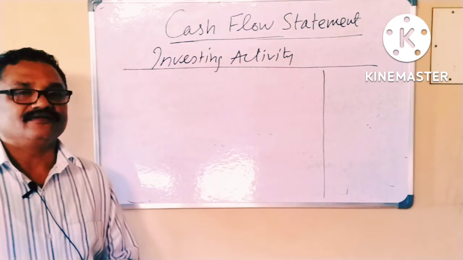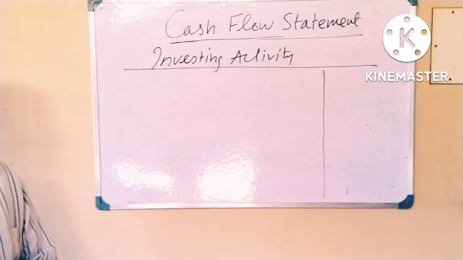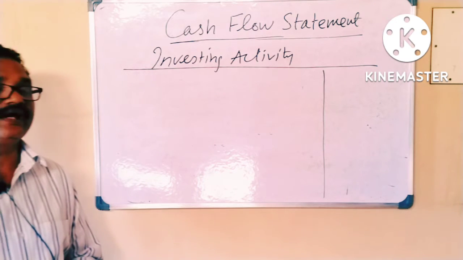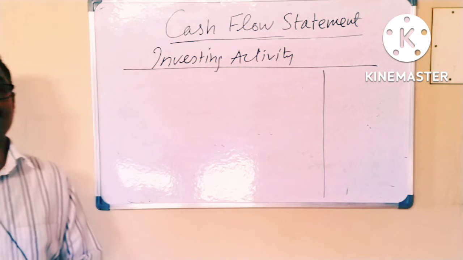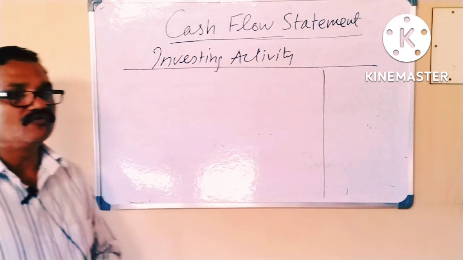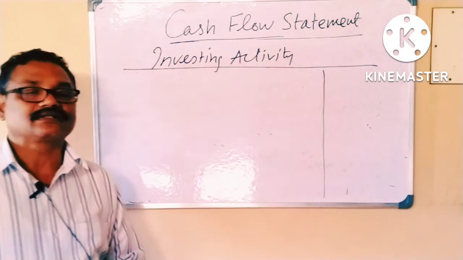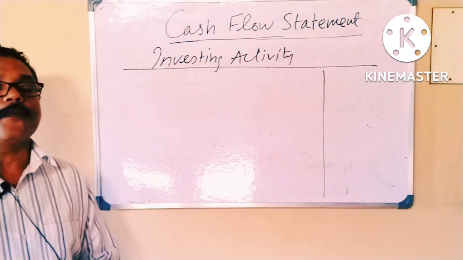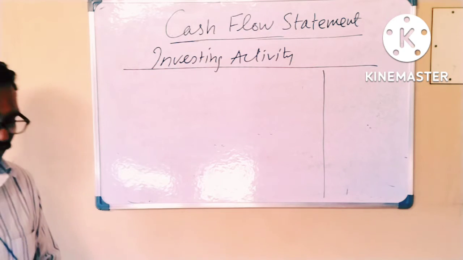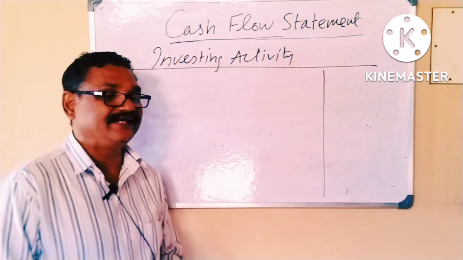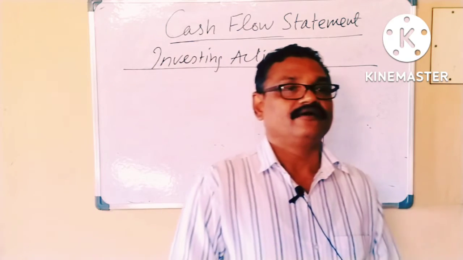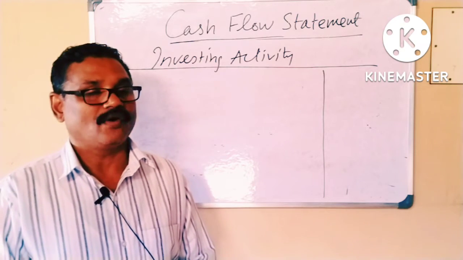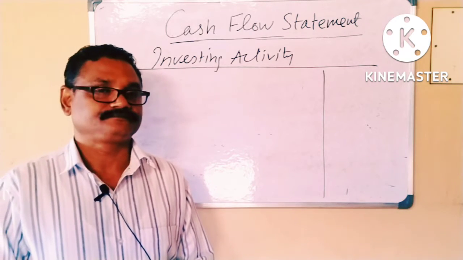Sometimes the business may be thinking of selling their old assets. So what should we do? We have to sell it, then whatever amount we receive will be inflow. When we purchase a fixed asset, we have to give money to outsiders or to the company.